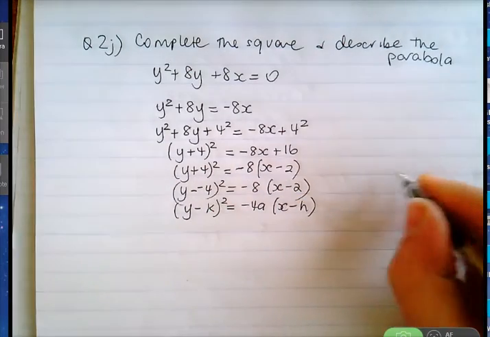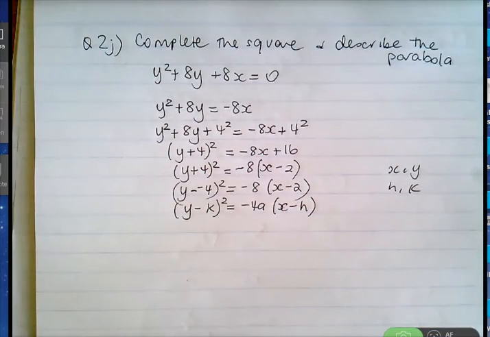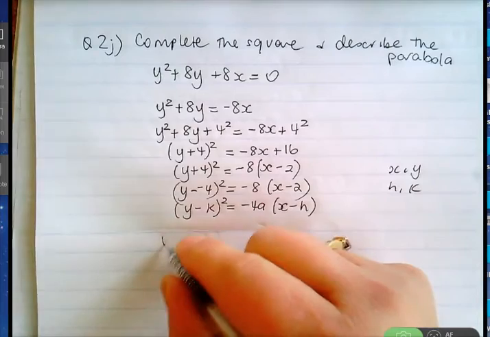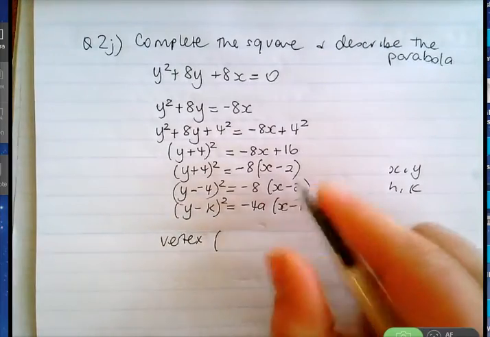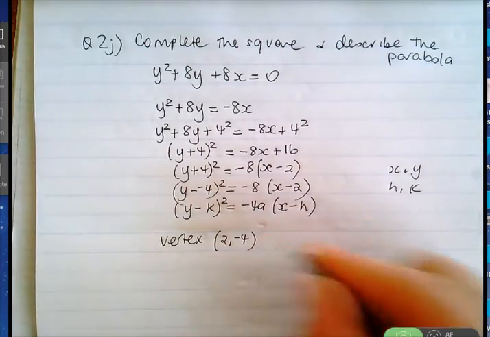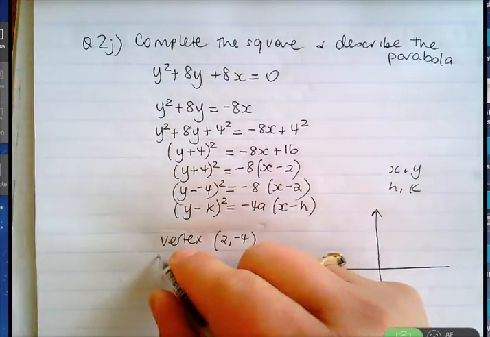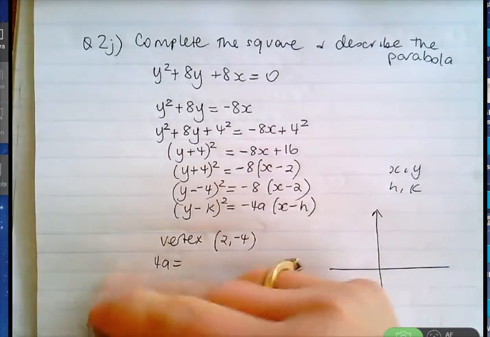Again, x comes before y in the alphabet, h comes before k. So we've got the vertex, x value first and then y: (2, -4). Let's look at the 4a equals 8.